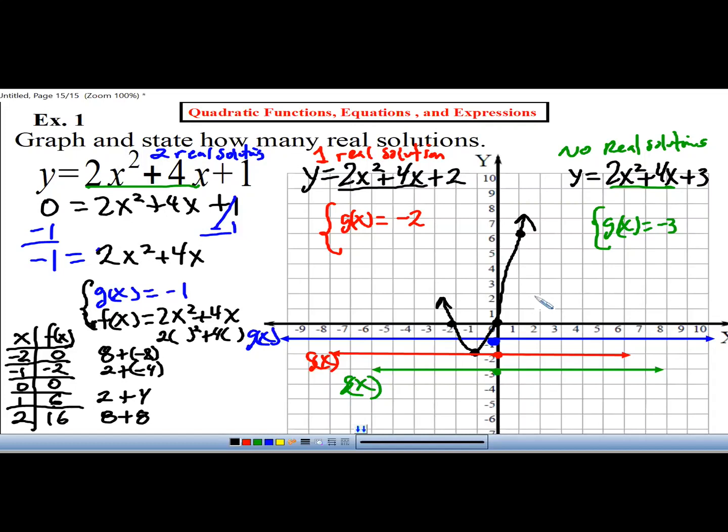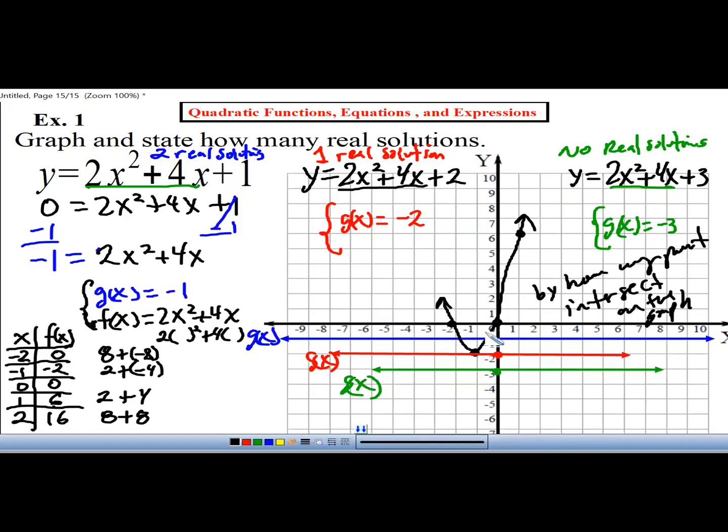By seeing how many points it goes through, and the word is intersect on the graphs. Yes.